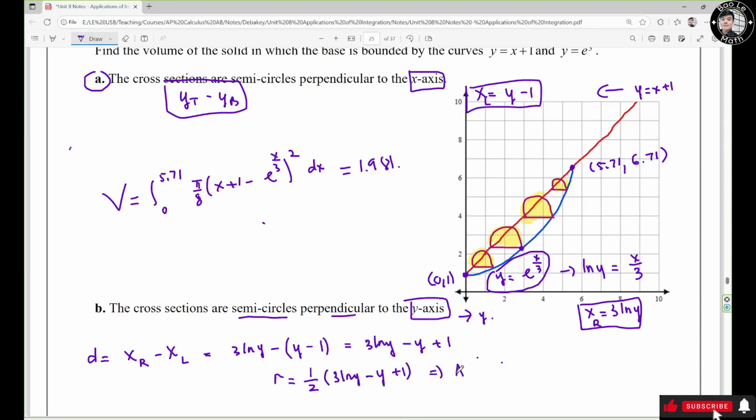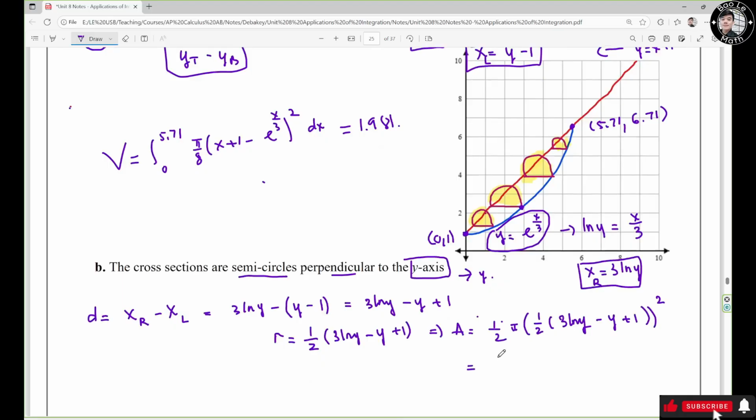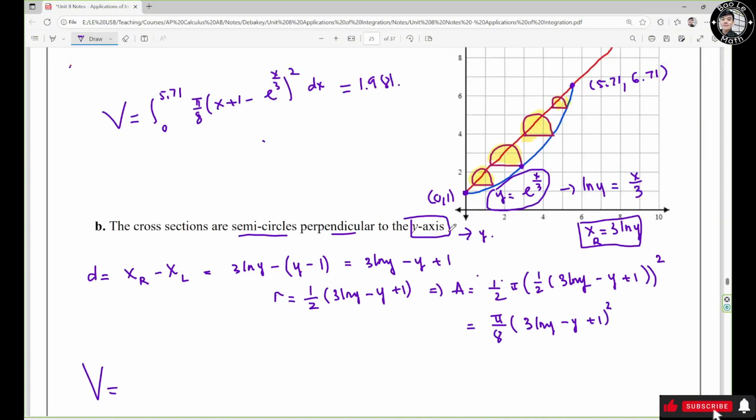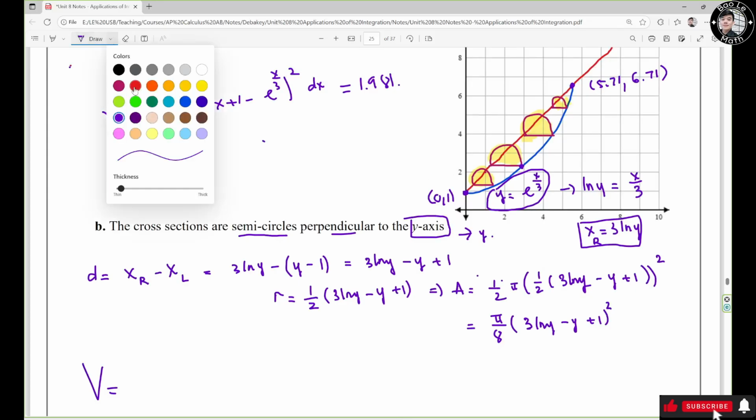Then the area is 1/2 pi r squared, with r right here. So it's going to be 1/2 times 3 ln y minus y plus 1, all together squared. If I simplify this one, it's going to be pi over 8 times 3 ln y minus y plus 1, all together squared. Now the volume, since this one is in terms of y, you look at the y values right here.